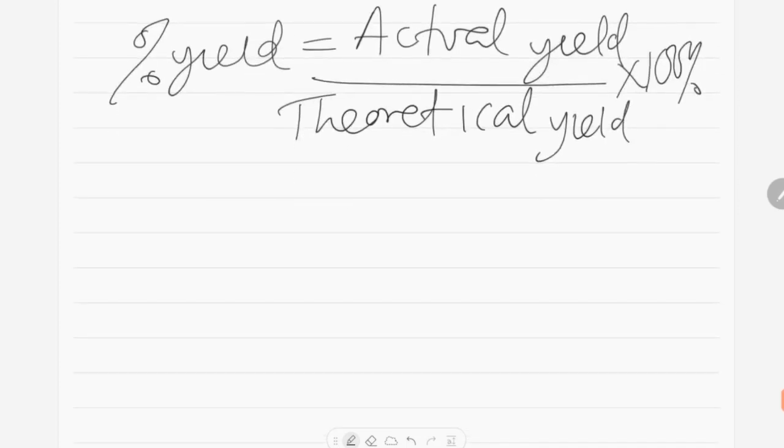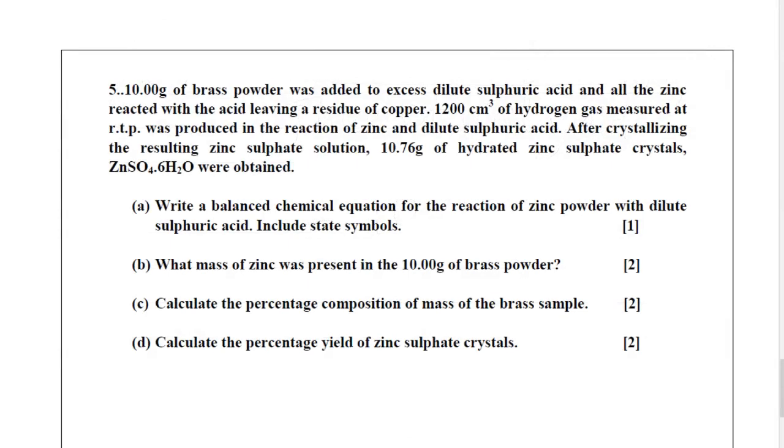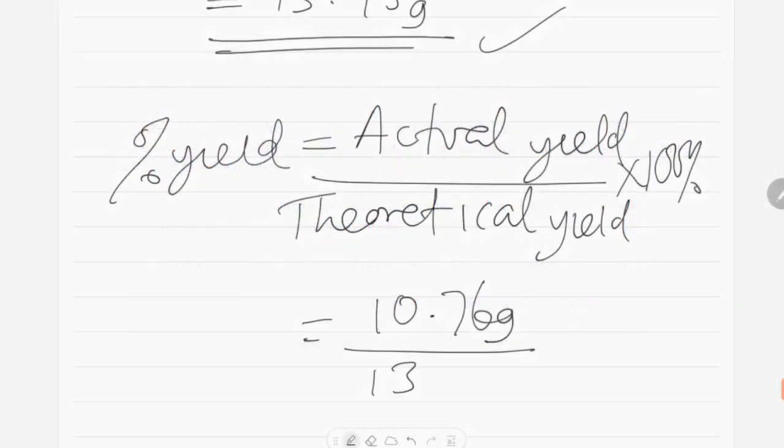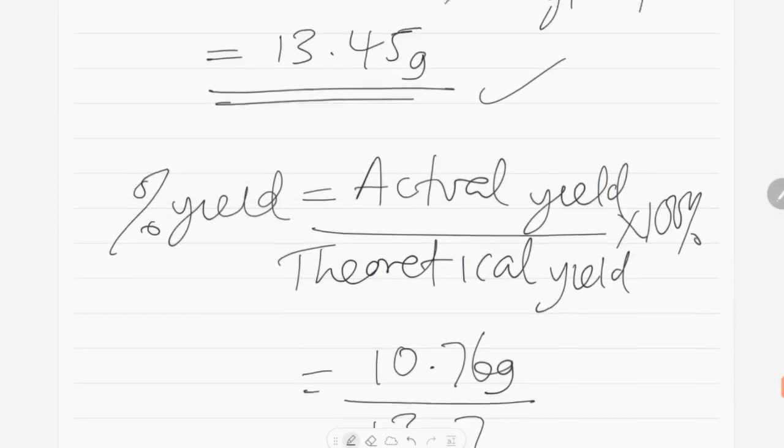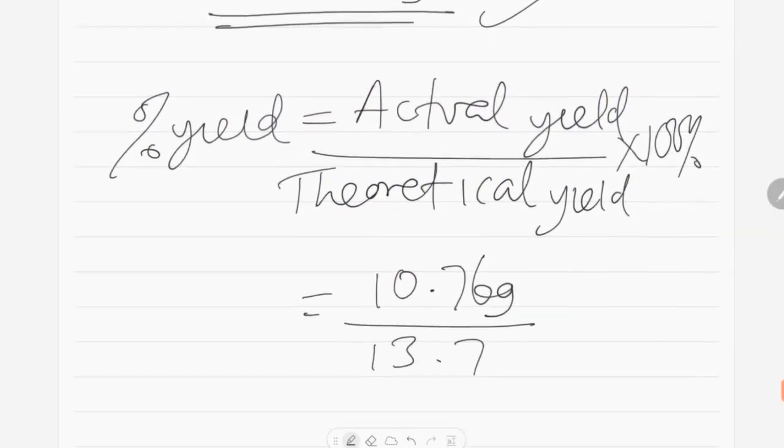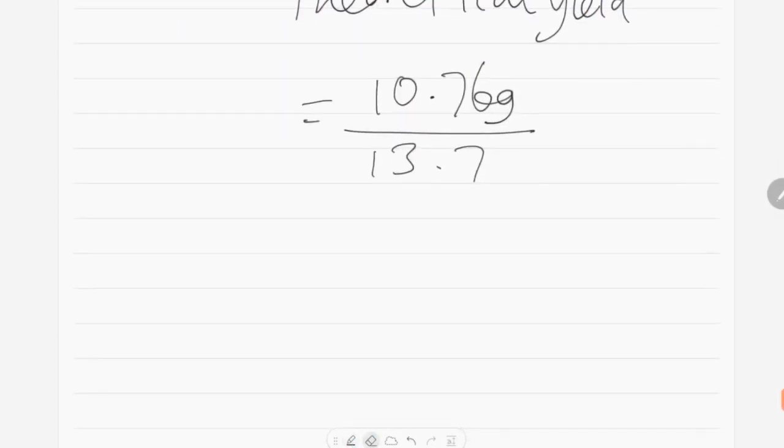The actual yield in this case was given as 10.76 grams, divided by the theoretical yield, which is 13.45 grams, times 100%.